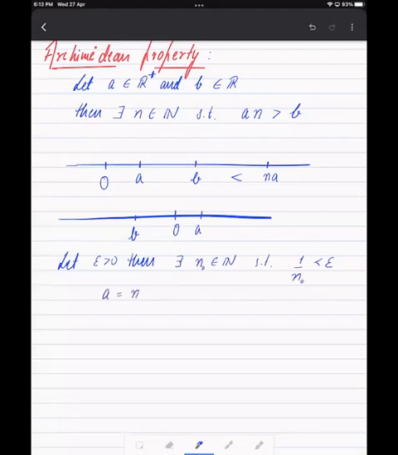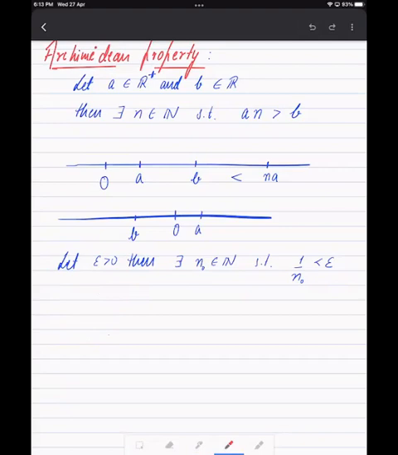So n is actually n naught. What is A and what is B? A and B will also be natural numbers between 0 and n naught. No, no. See this line. Do you agree with this line? Let epsilon be greater than 0, then there exists n naught belonging to the natural numbers such that 1 by n naught is less than epsilon.